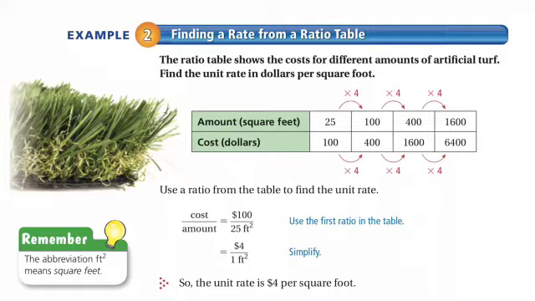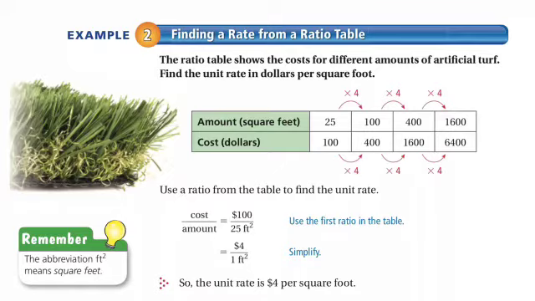For example 2, finding a rate from a ratio table. The ratio table shows the cost for different amounts of artificial turf. Find the unit rate in dollars per square foot. So any of these four amounts could be used as a rate. You could have said $100 per 25 square feet, $400 per 100 square feet, $1,600 for 400 square feet, or $6,400 for 1,600 square feet.